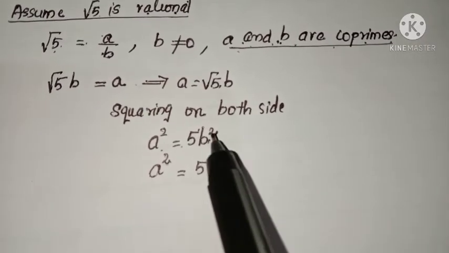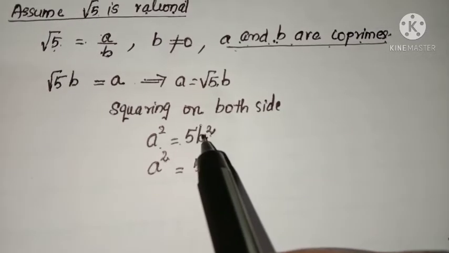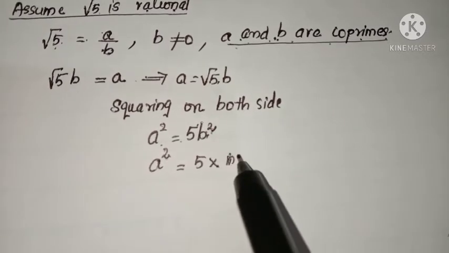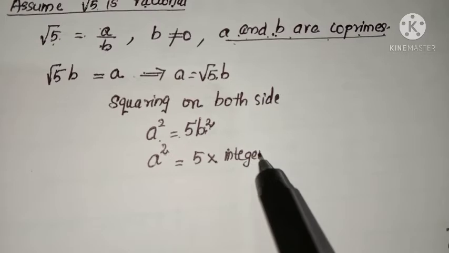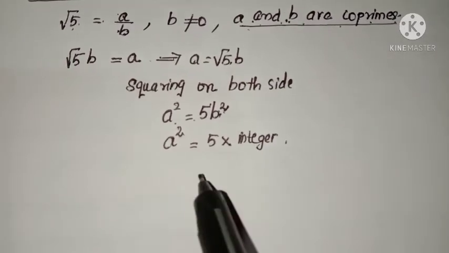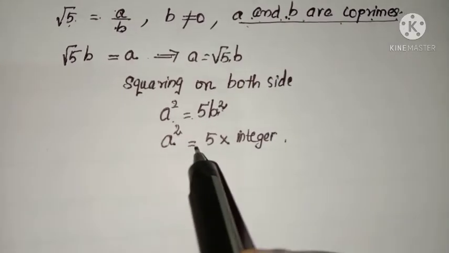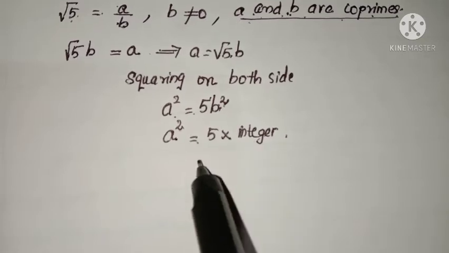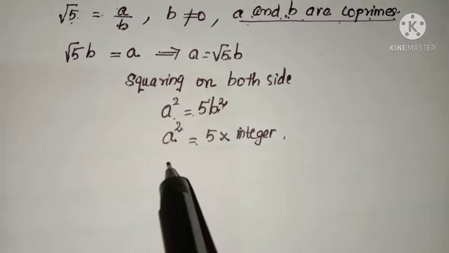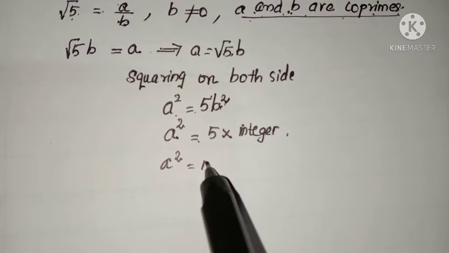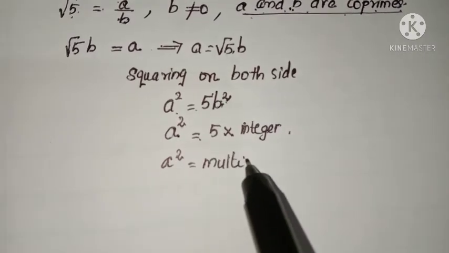B is an integer, so B square is also an integer, a positive integer. So A square equals 5 into an integer means, as per our theorem, A square is a multiple of 5.